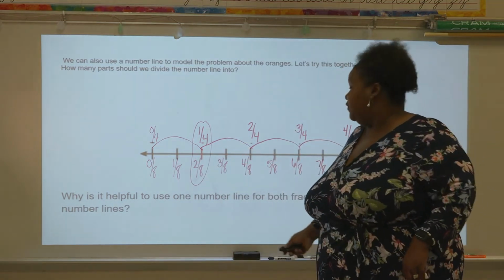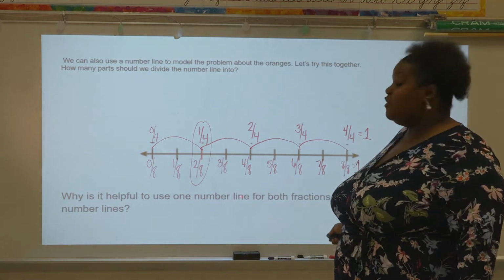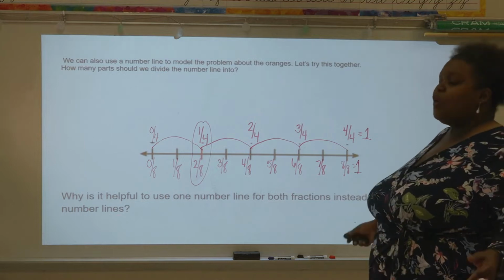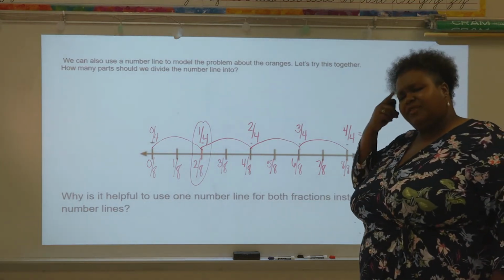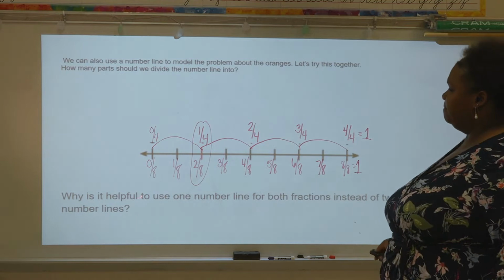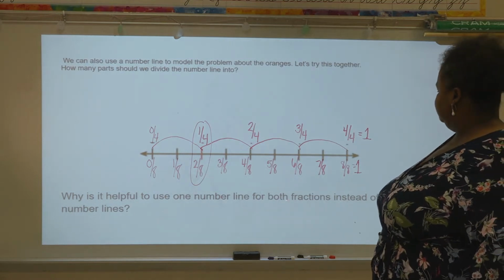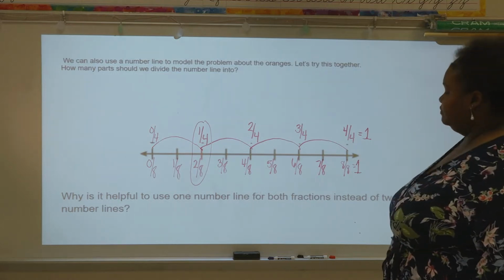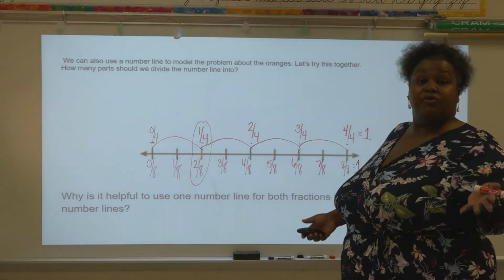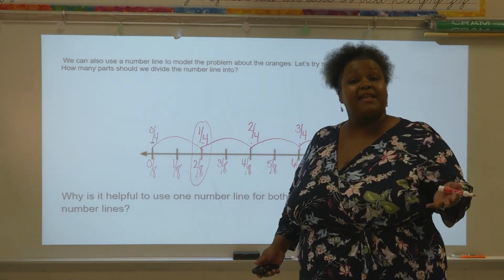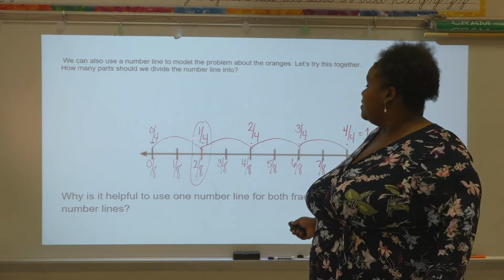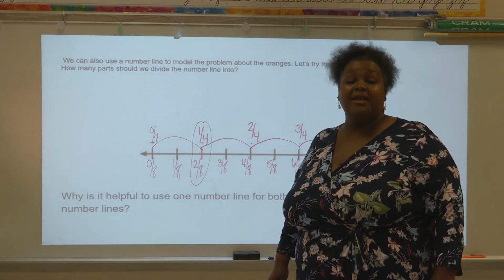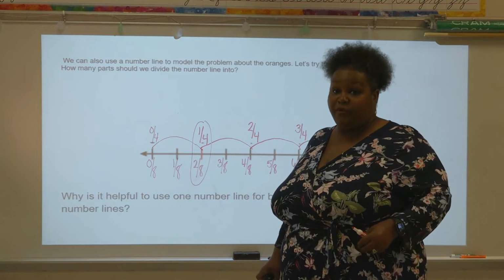Why is it helpful to use one number line for both fractions instead of 2 separate number lines? Do your thinking. It ensures the wholes are the same size, and it's also the same location from the 0 on the number line. That's why using 1 is helpful.